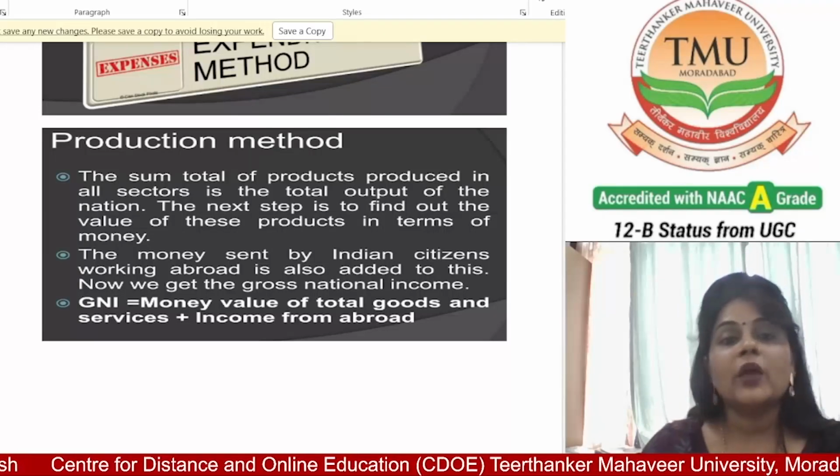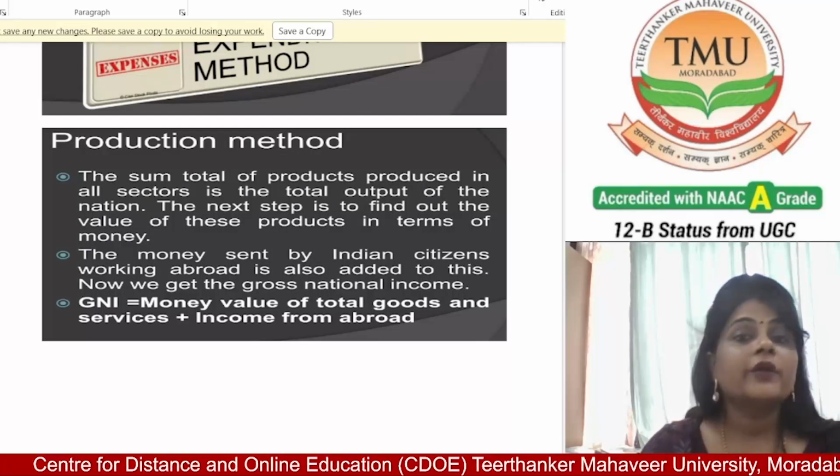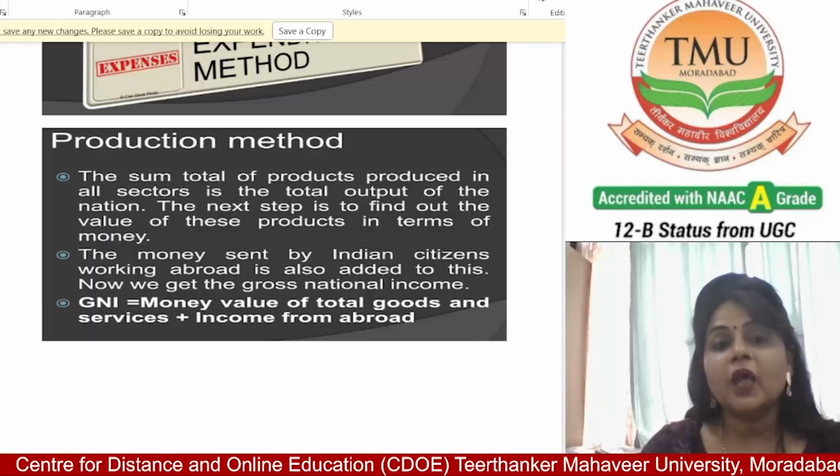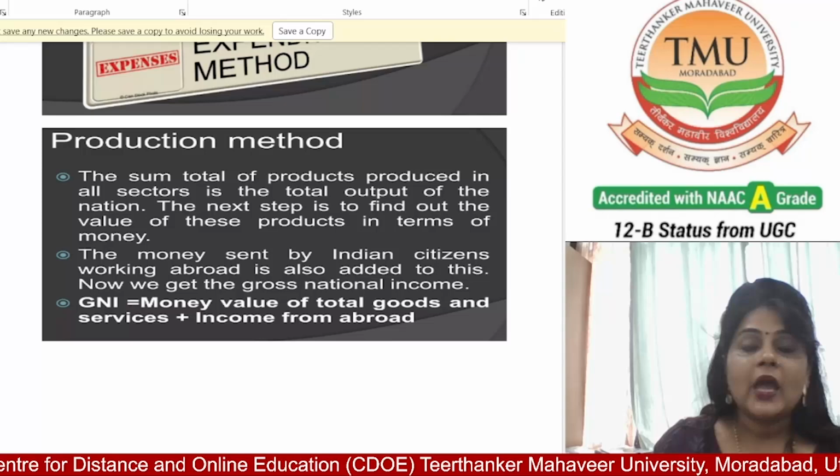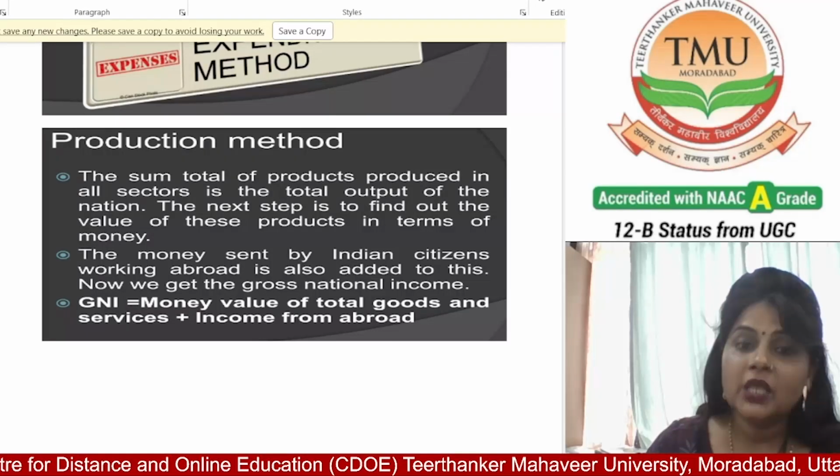Can we state that when the aggregate revenue generated by the firms is paid out to factors of production, it is aggregate income or national income?